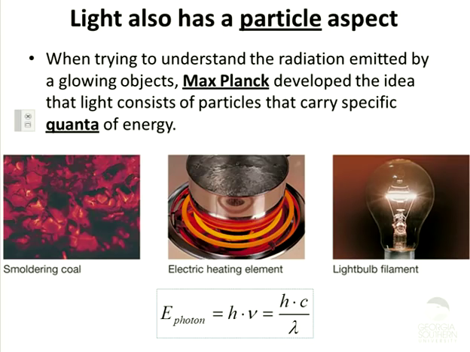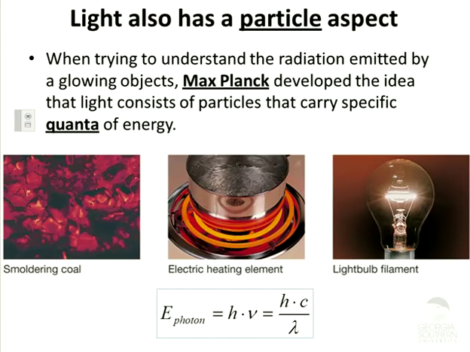And he did some experiments. When he first discovered this, he was studying the way things glow when they're heated up. And he estimated what this constant must be, this factor of proportionality between energy and frequency. So he was the very first person to estimate what the value of this constant of proportionality is.